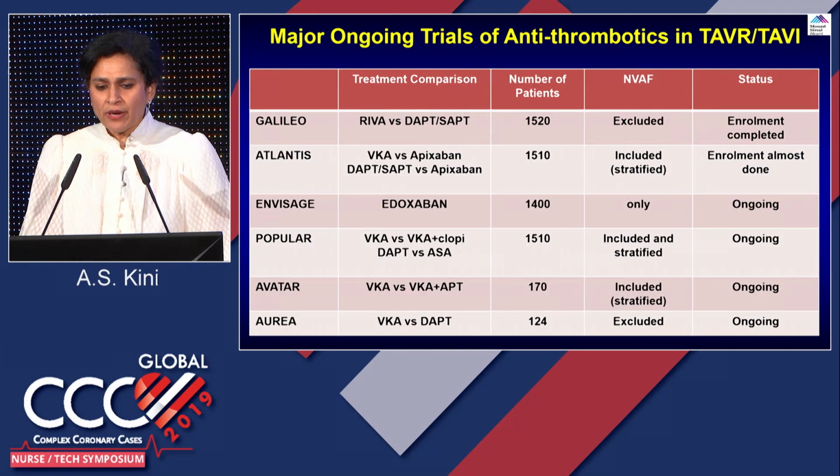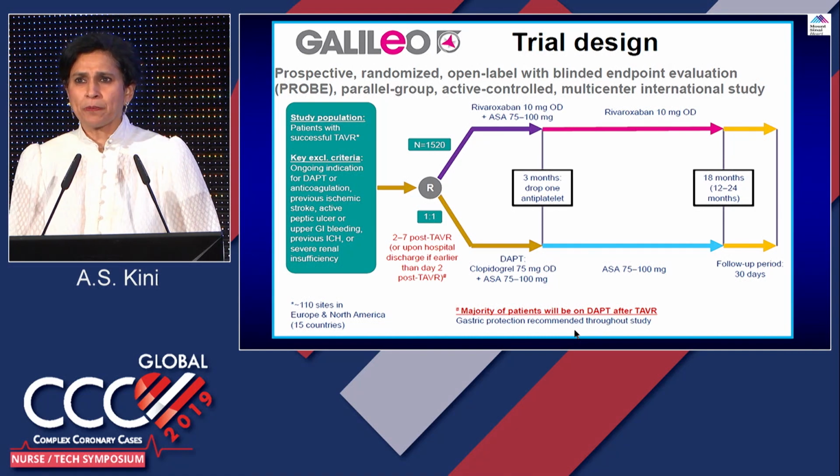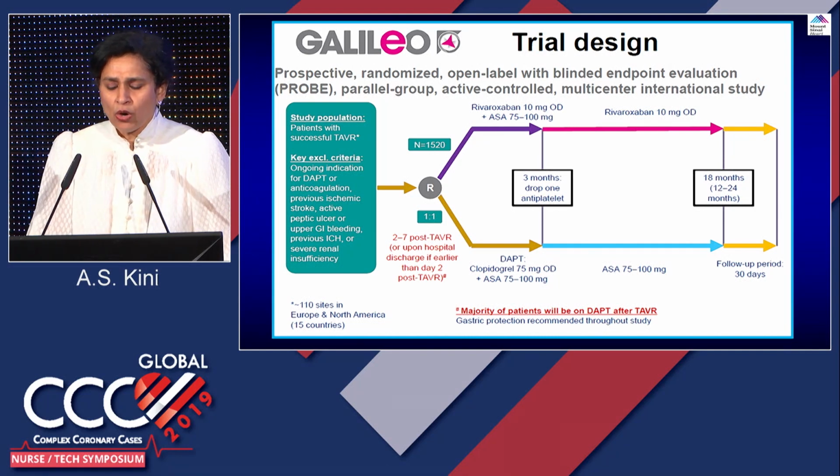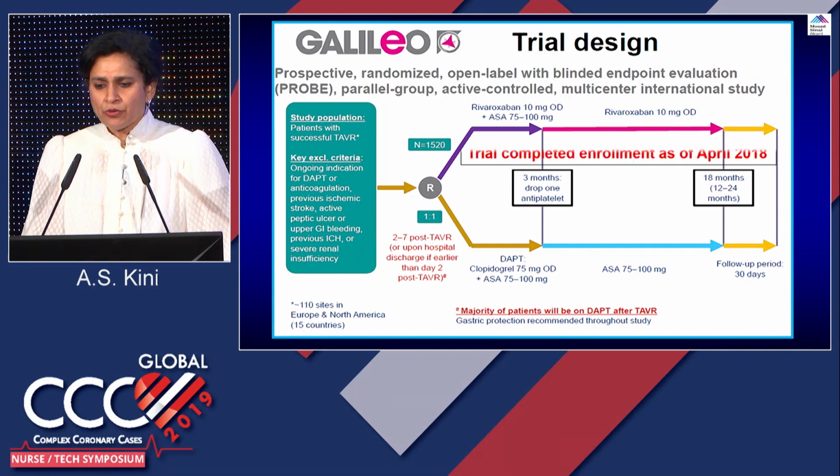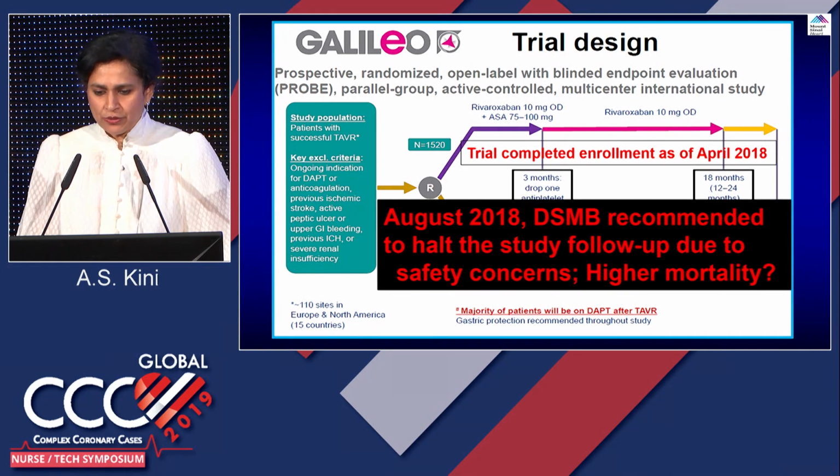But several trials are ongoing. We are part of some of these trials to understand which would be the best treatment strategy for this patient. At this time, we are only using dual antiplatelet therapy, which would be aspirin and Plavix, and one of them we stop at 6 months.